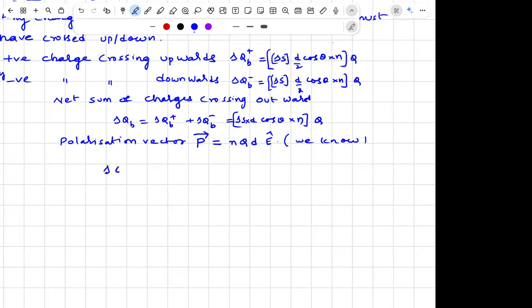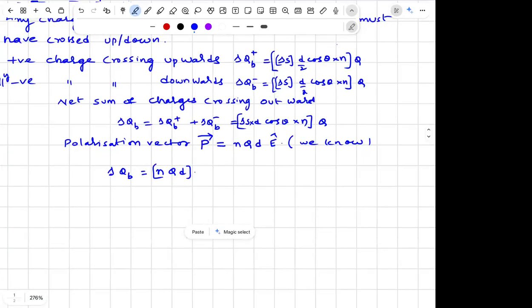Now delta QB can be written as NQd into delta S into cos theta. So delta QB is P bar dot delta S bar. For this, I have given you this expression.